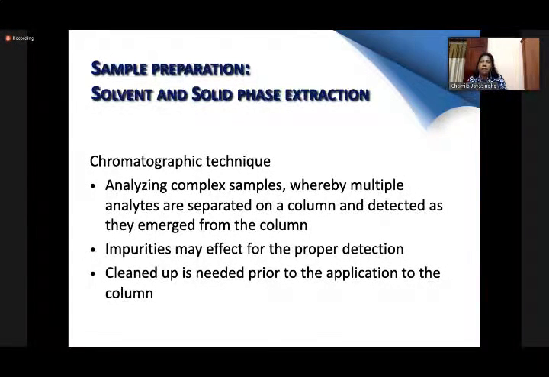We can't inject particles into the column. We want to get the extract. So we separate it and get the catechin into the solvent, and then we inject the solvent. After that, when we run the chromatography, we can separate and get the real amount of the different catechin types, right?